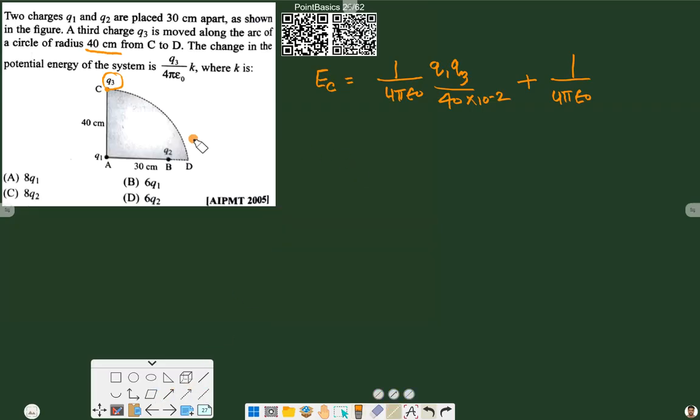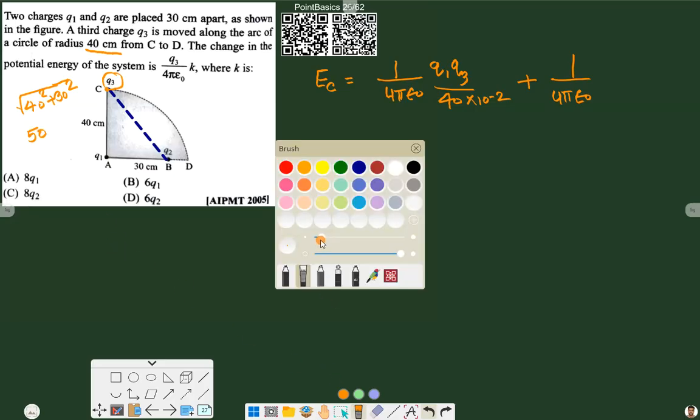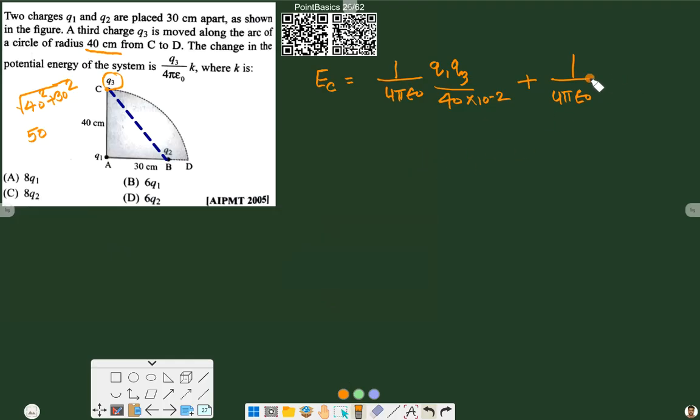We can calculate it easily using Pythagoras theorem: 40 squared plus 30 squared, that is 1600 plus 900, 2500, whose square root is 50. So the new term will be Q2 Q3 divided by 50, and because it's in centimeters, we convert it into meters.